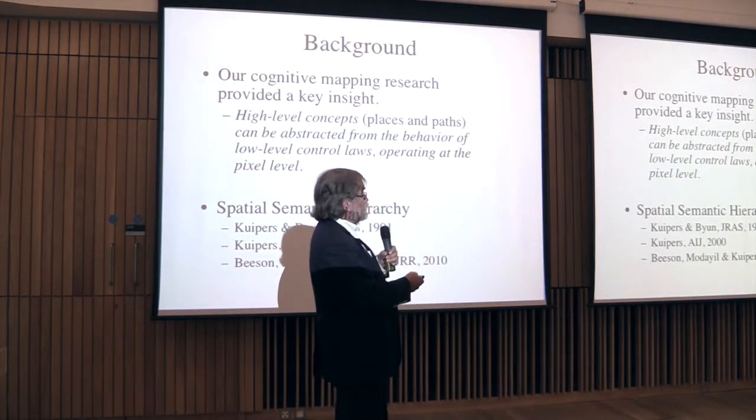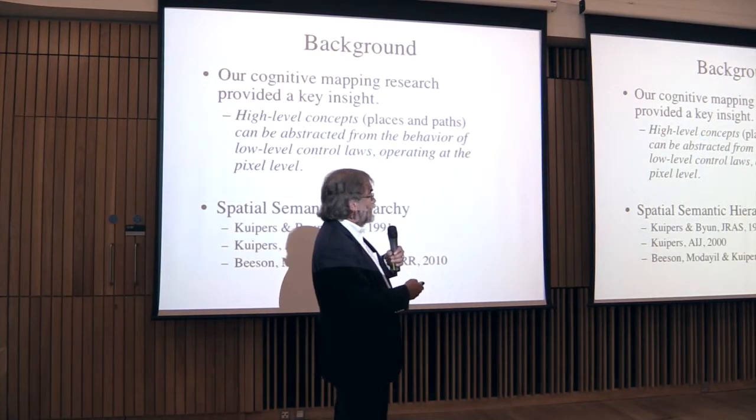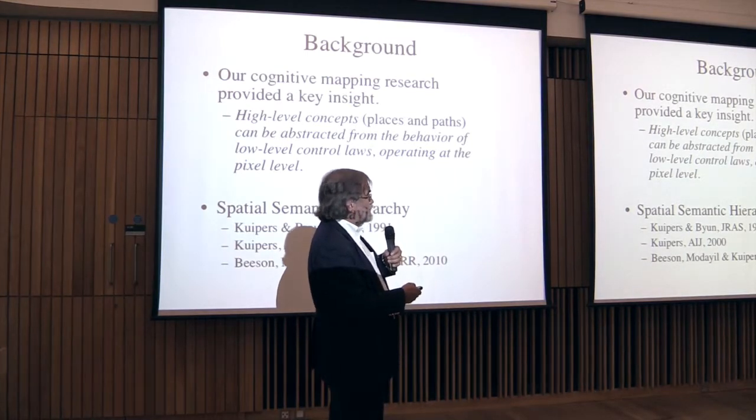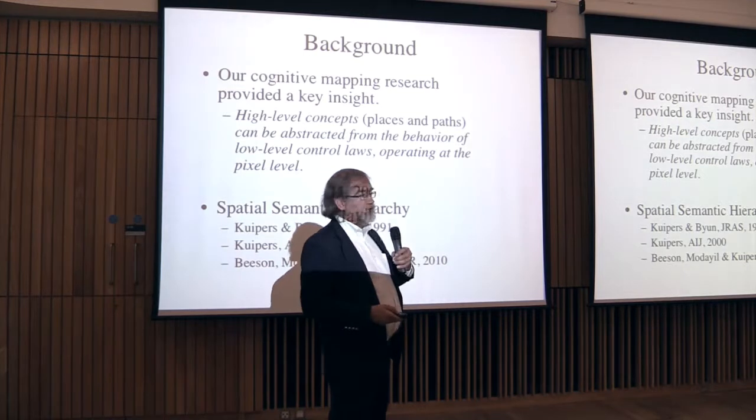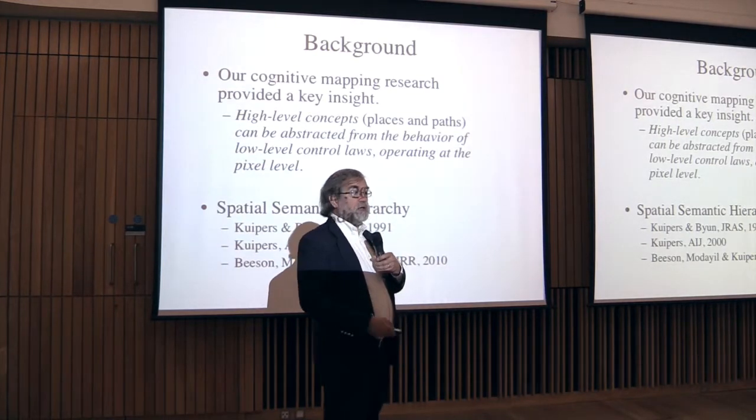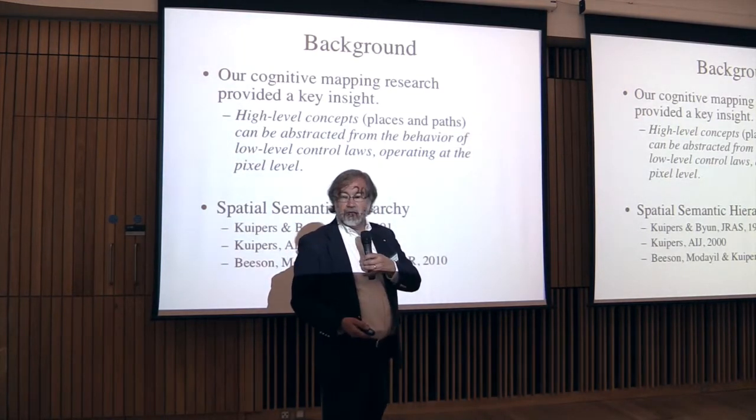So we realized in the course of doing the cognitive mapping that we could learn high-level concepts like places and paths by abstracting the behavior of low-level control laws, which are taking place entirely at the pixel level.